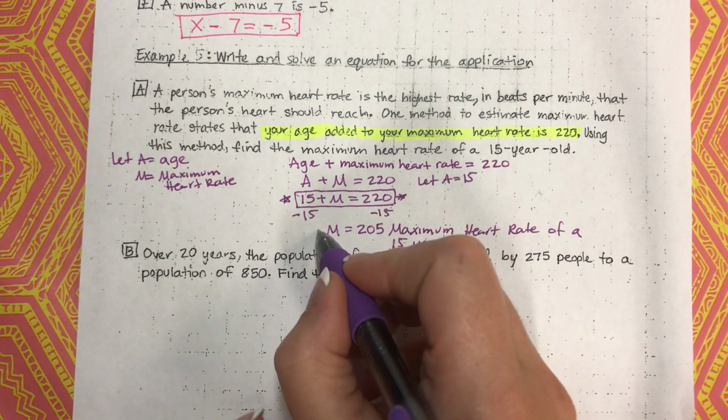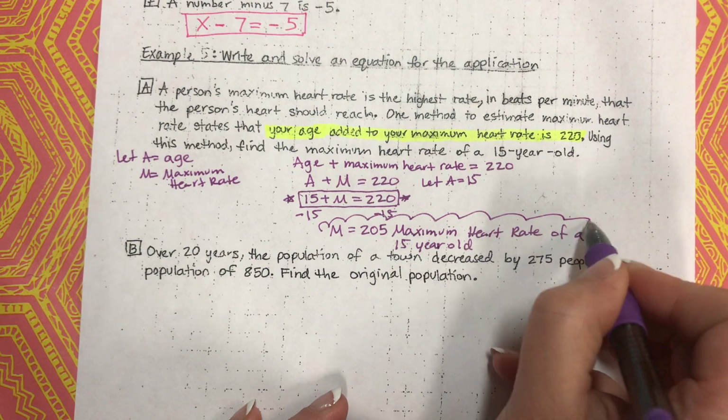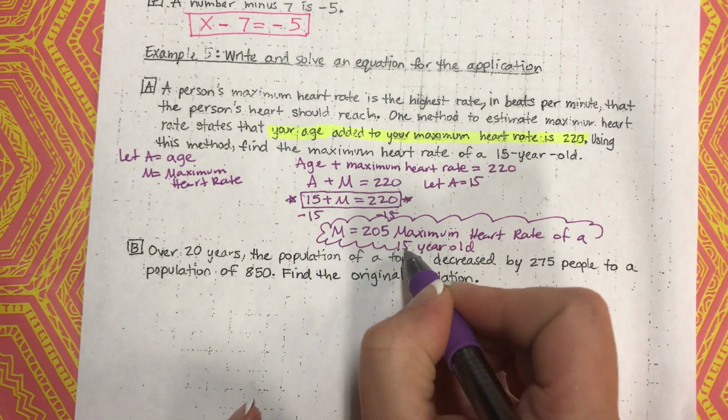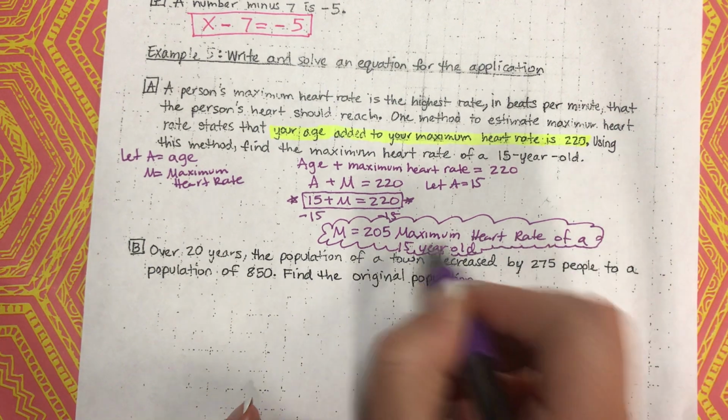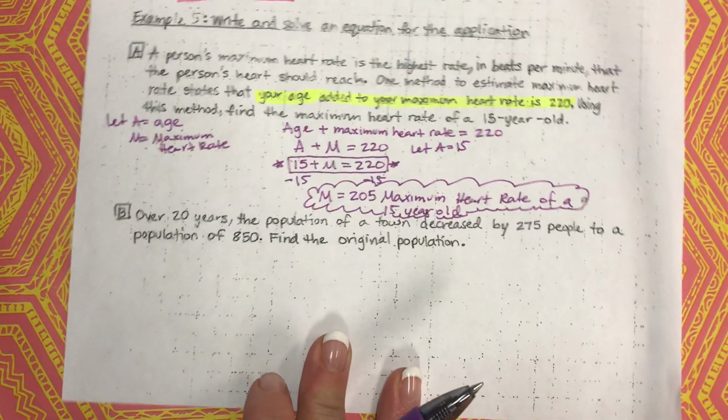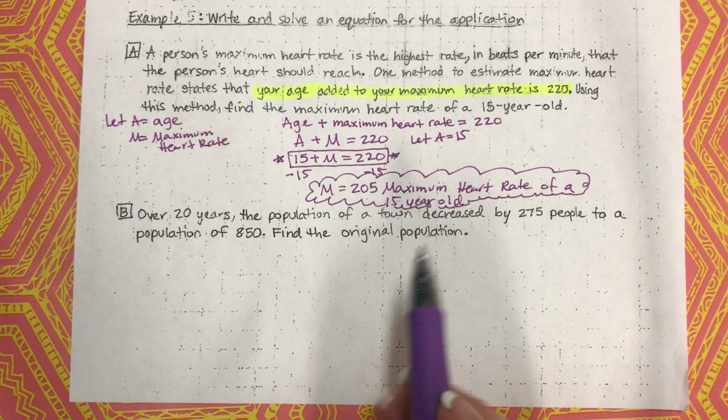Okay? So there we go. That's how that one works. That's how we write an equation. Make sure there's the answer, we solved it, and make sure you have that concluding little statement.